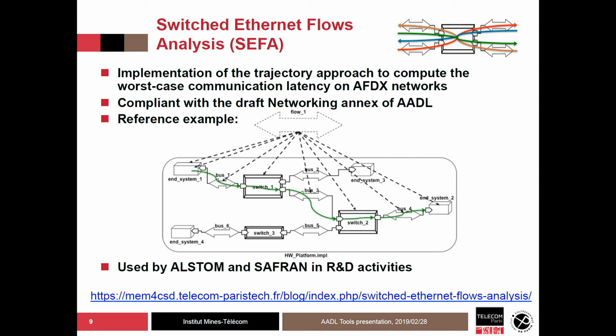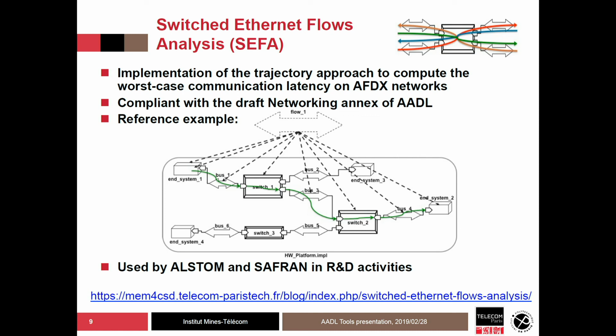And this is a very simple example, but on the website you can also find an example that is inspired from a real industrial case study. This small example shows that with AADL you can model your network architecture with different switches as devices, the different nodes as processors, and the flows as virtual buses.